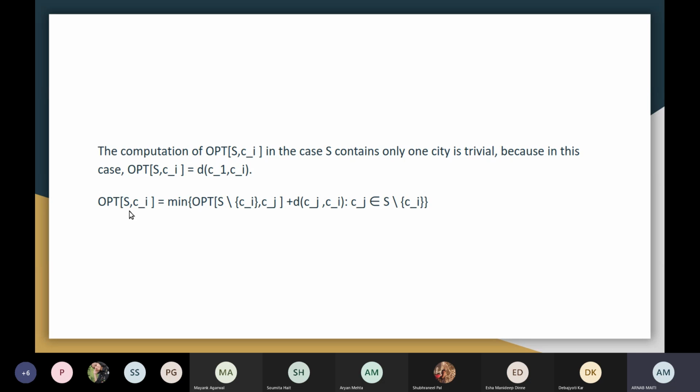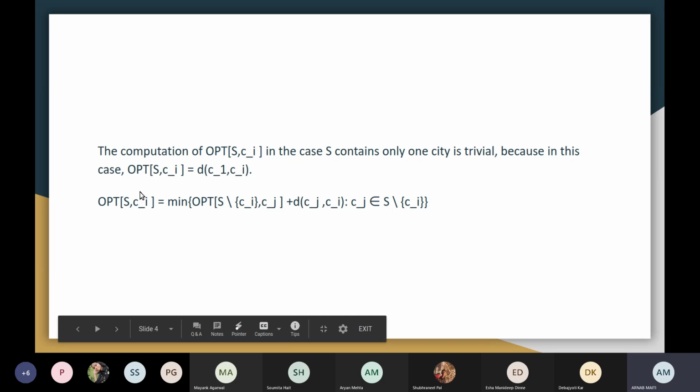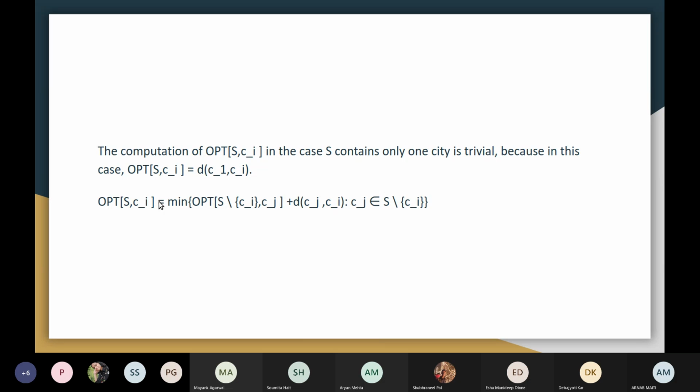Obviously some vertex must be before this. If we have a path from C1 to Ci, then there must be some other vertex just before Ci. So you remove Ci from S, consider a vertex Cj, compute that OPT, and then add the edge between Cj and Ci.